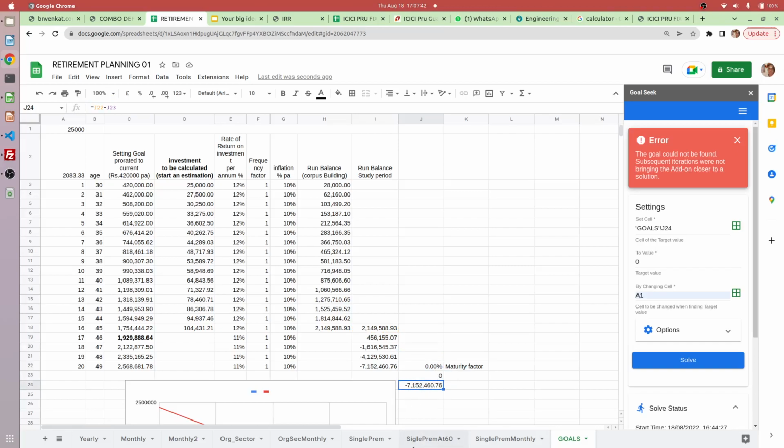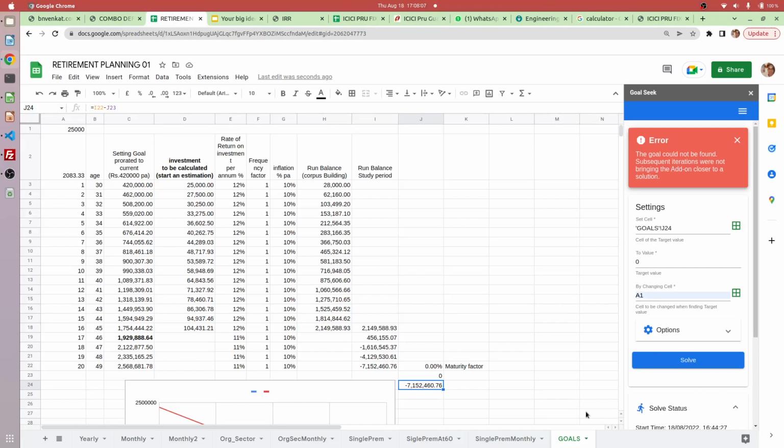Now this is the target field. The target field is the closing balance, running balance, minus the maturity desired. Maturity desired is 0. Now let us solve this problem. We already fixed up the target field, and the target value is 0, and the variable cell is A1 itself.